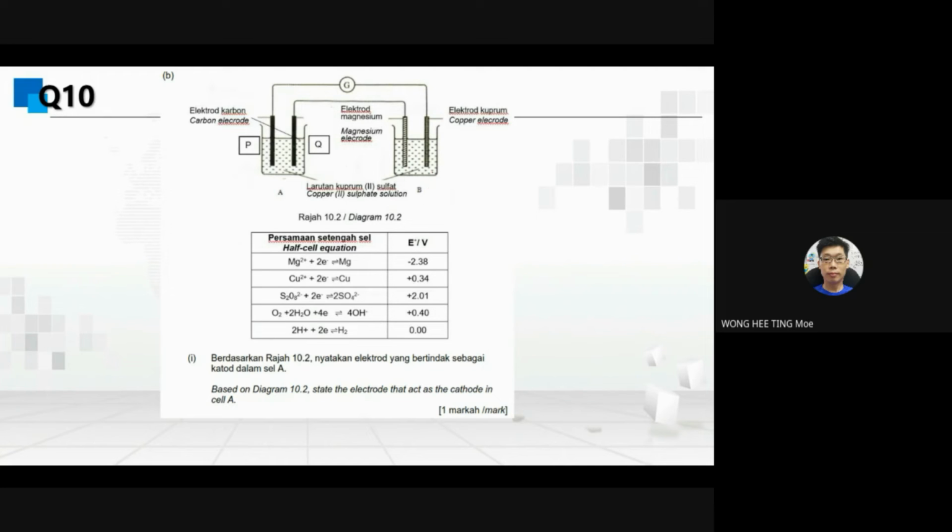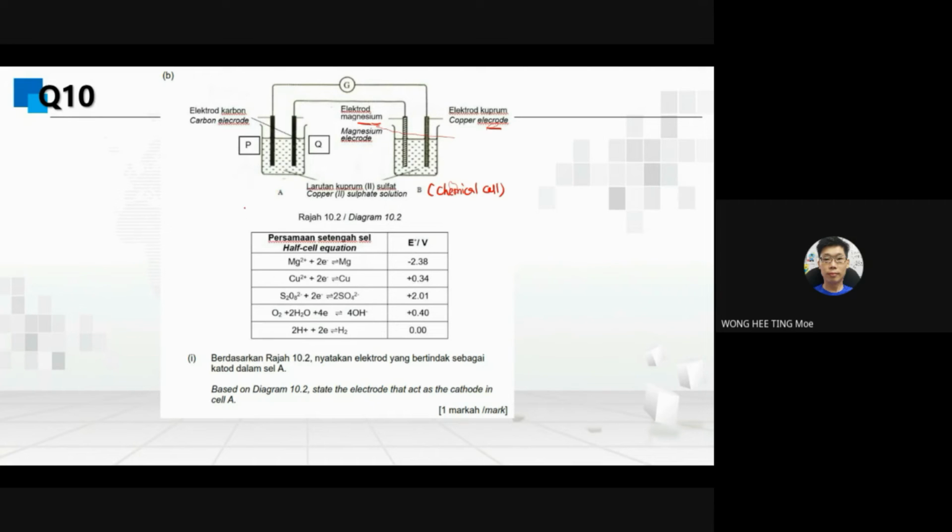In B, you see the magnesium and the copper, two different electrodes. So this one is the chemical cell, or voltaic cell.